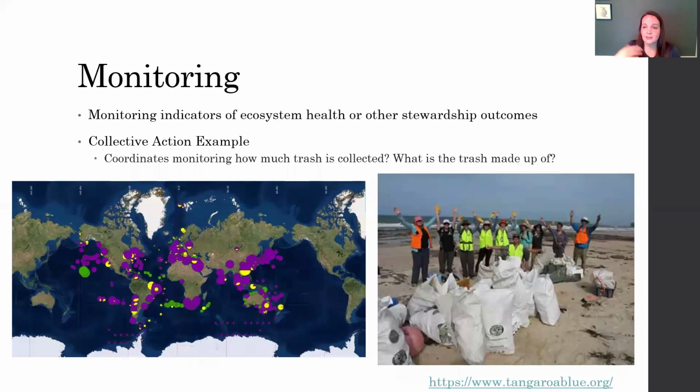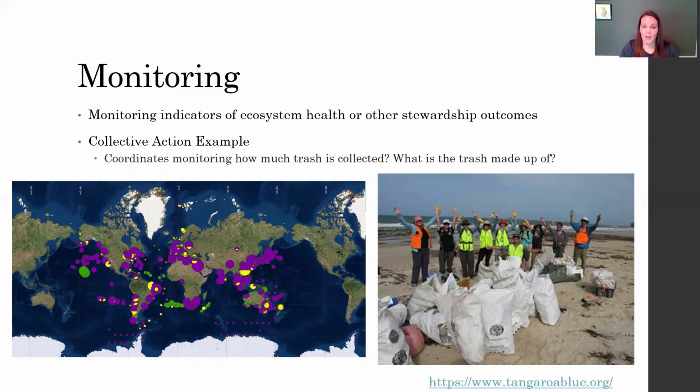And then there's also monitoring, so indicators of ecosystem health or other stewardship outcomes. So collecting information and data: what kind of pollutants are being collected in a certain area? How much is being gathered from a weight standpoint? How much trash, how many pollutants are actually being gathered together in a certain area?